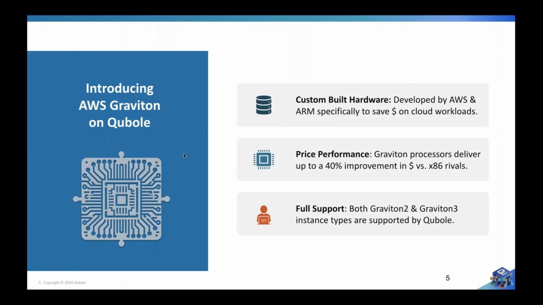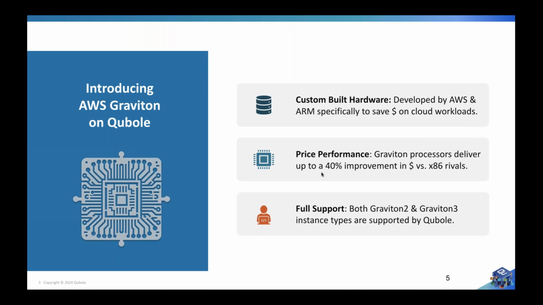Now let's get into Graviton. It's custom-built hardware by AWS, as I spoke about in the beginning, based on ARM architecture, and it definitely helps you save a lot of costs on cloud workloads. On price to performance, what we have seen is that it delivers up to 40%.